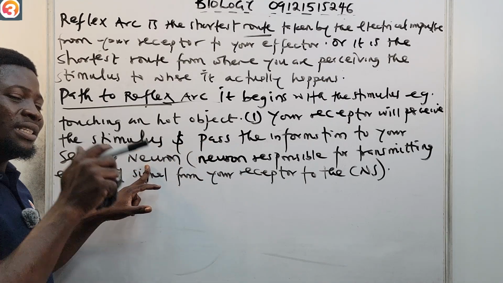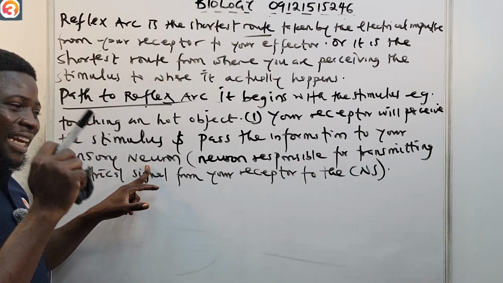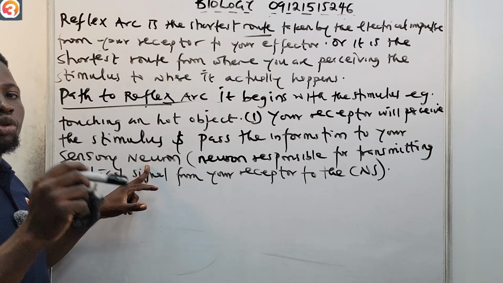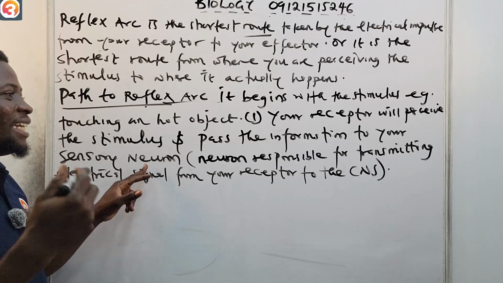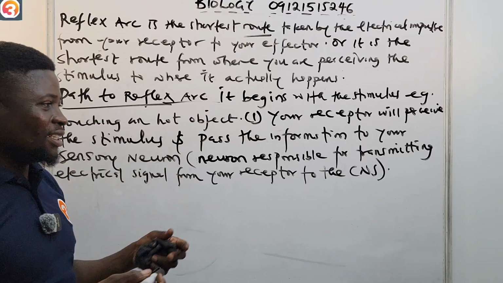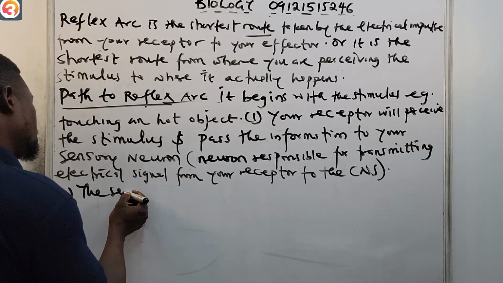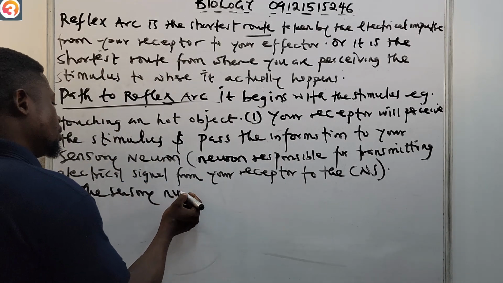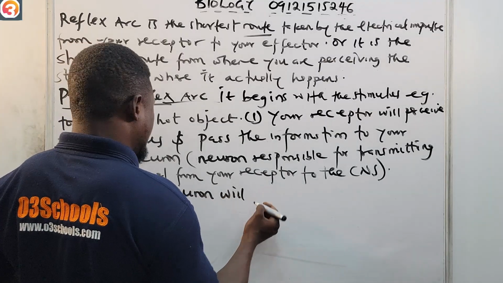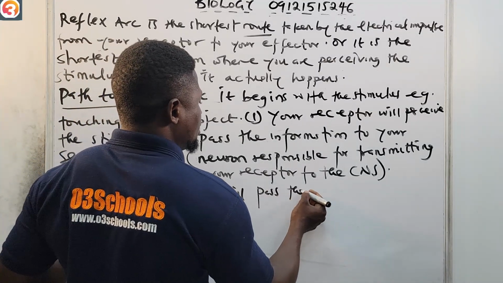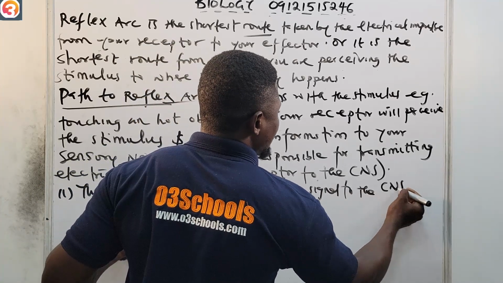And we say that the sensory neuron is the neuron responsible for transmitting electrical signals from your receptor to the central nervous system. And then the sensory neuron will now take it to the central nervous system. Okay, so number two, the sensory neuron will pass the signal to the central nervous system.